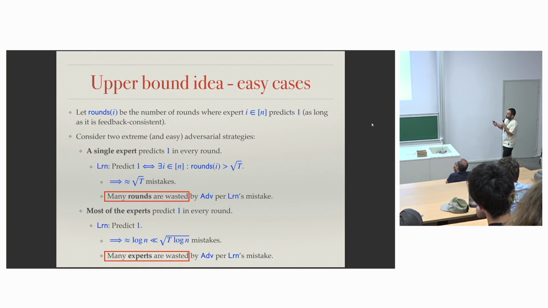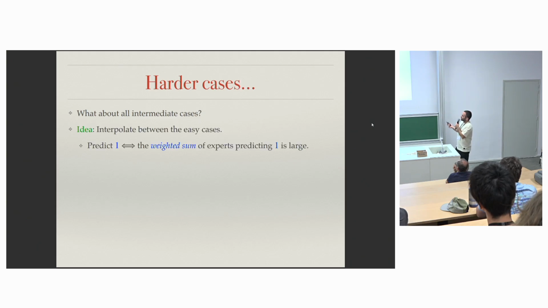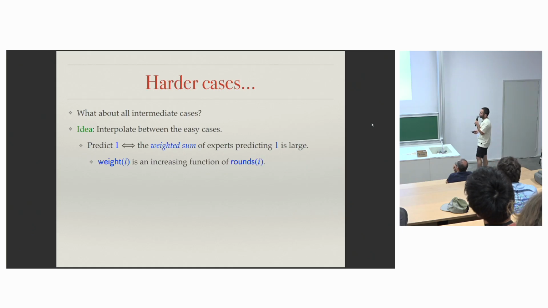So the challenge lies in the fact that the adversary is not obligated to use one of these strategies, and can do a lot of interesting and hard stuff in the middle. So how can we handle this? We just interpolate pretty much between the easy cases and predict 1 when a weighted sum of the experts predicting 1 is large, where the weight is a function of the number of rounds wasted on this expert.